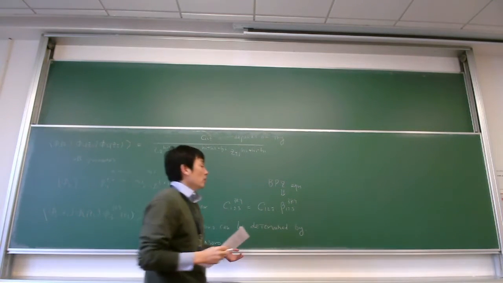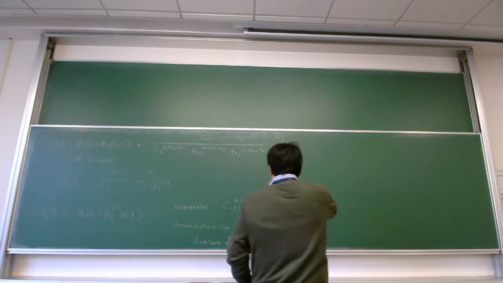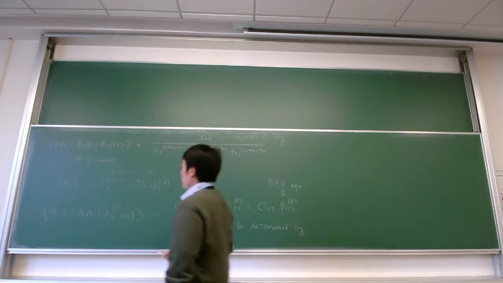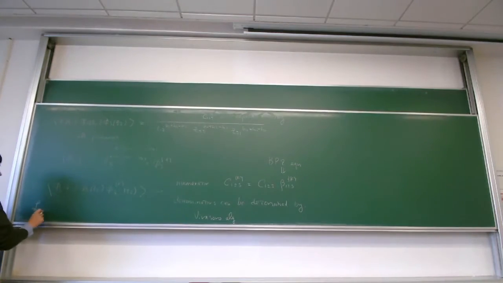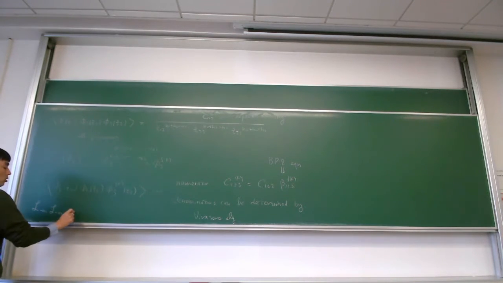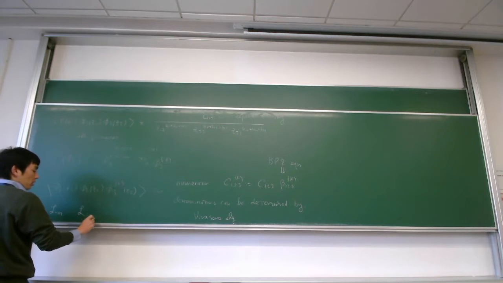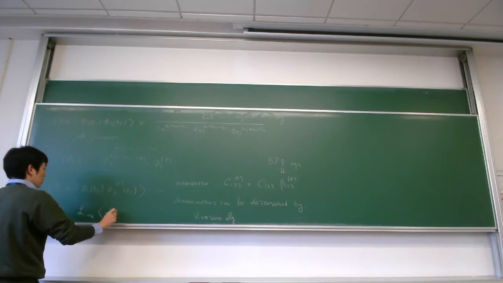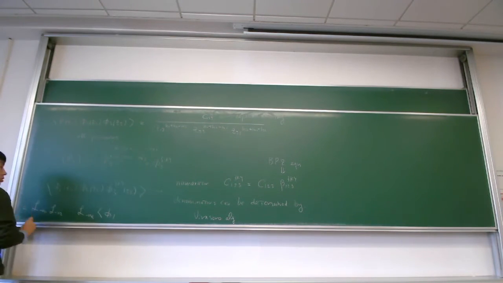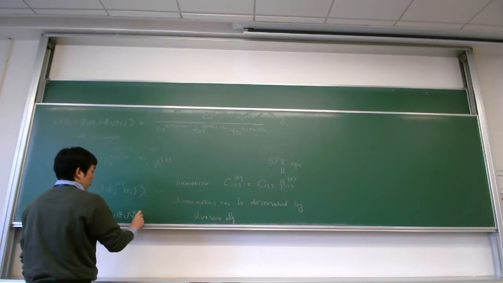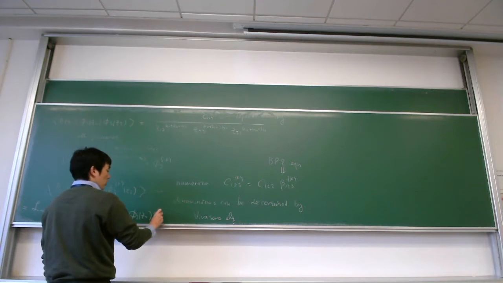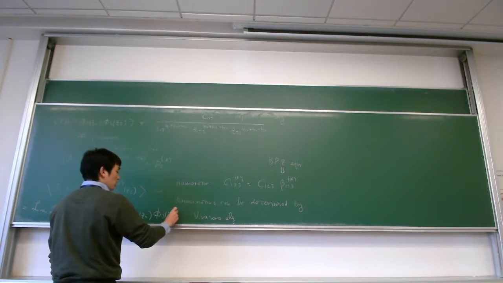So recall that this guy can be written as a product of L minus n1, L minus n2, L minus nl, and acts on phi 1. This is equal to phi 1 of z1, phi 2 z2, phi 3 z3.